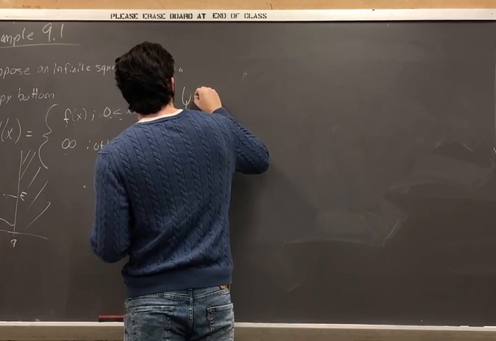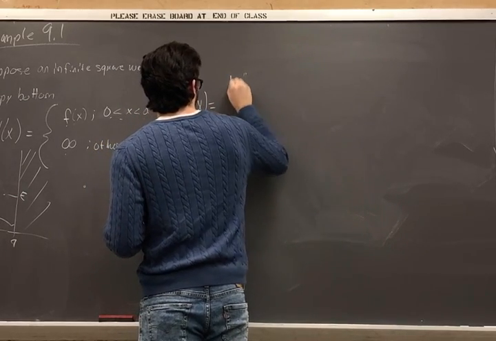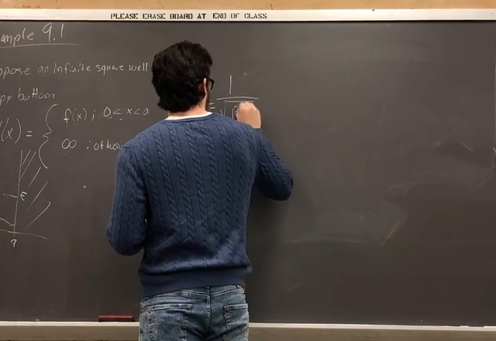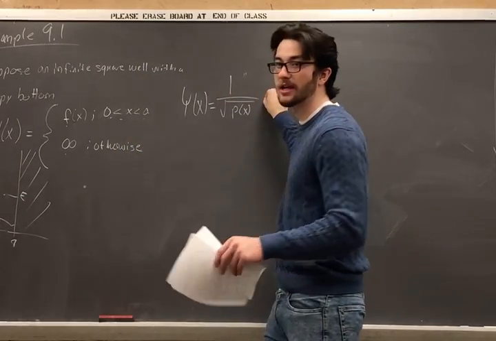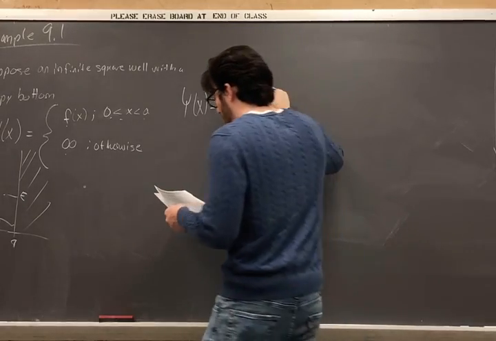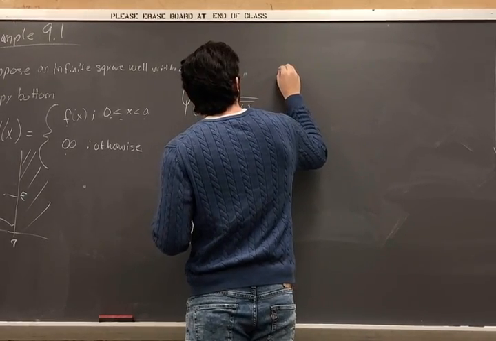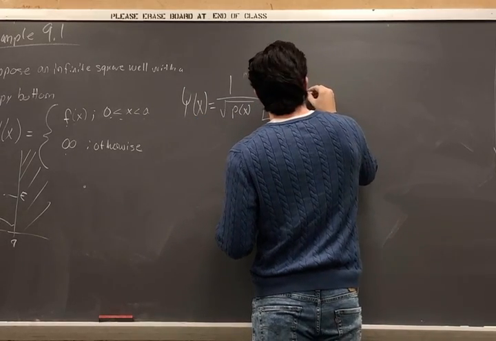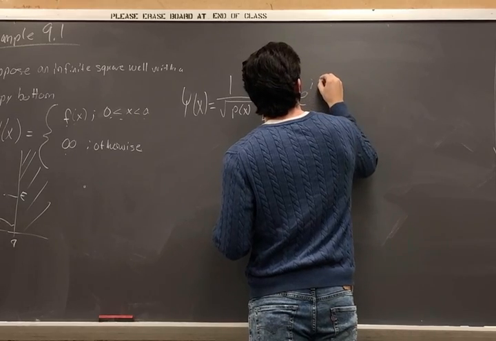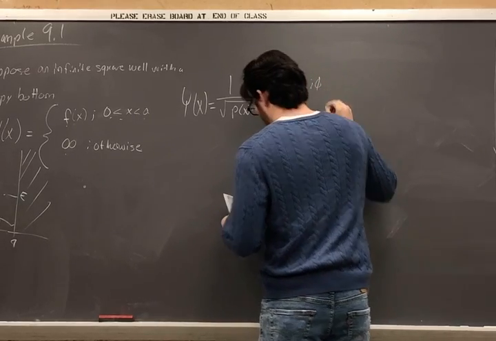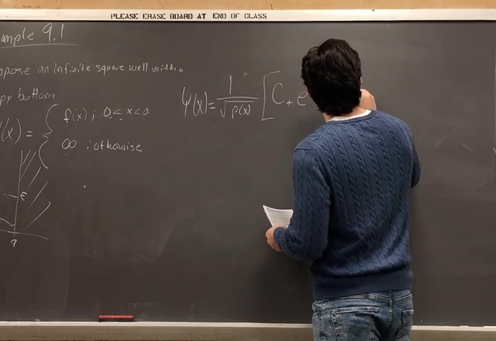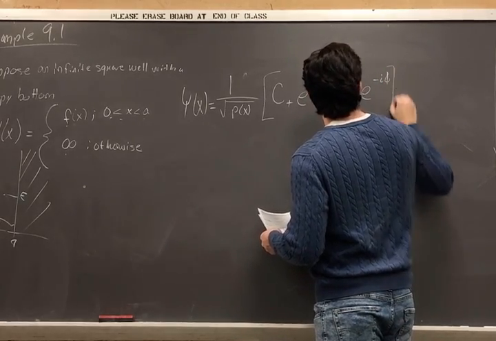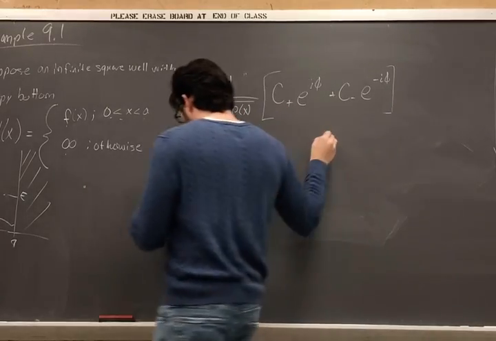So we should assume that psi of x looks like 1 over the square root of p of x, and it's going to be some linear combination of the plus and minus states that we had before. So let's say there's this c plus associated with the plus form, e to the i phi, and then there's this c minus associated with the minus one. Okay? So again, that's what we've already solved for.